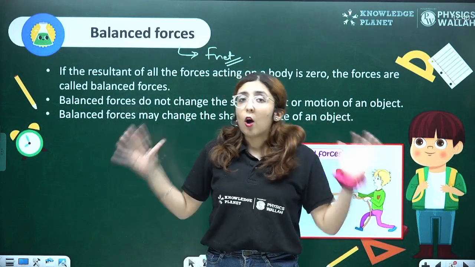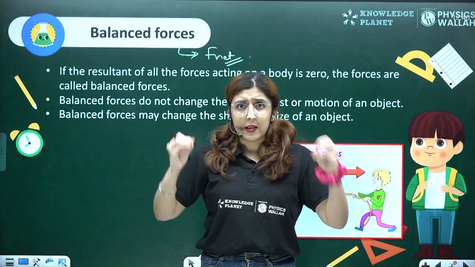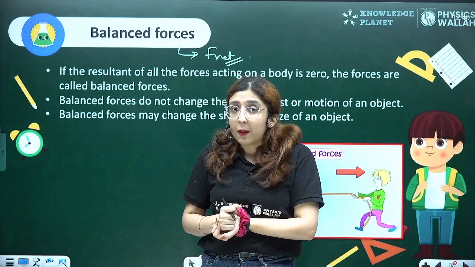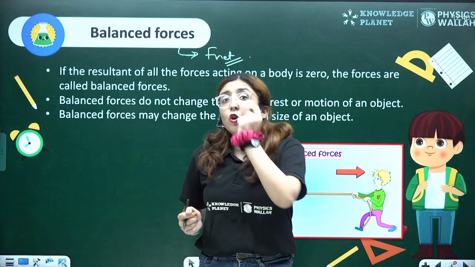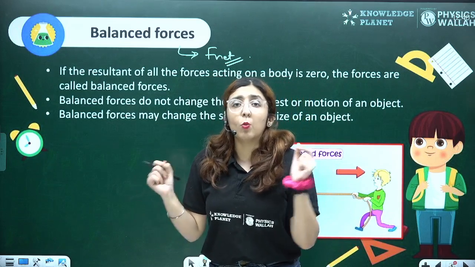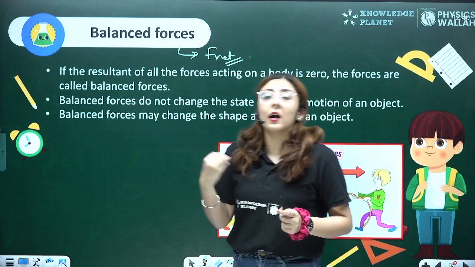Similarly, on our objects, ample forces act, and lots and lots of forces are taking place. Now, in order to find whether the object will move or not, we have to talk about the net force or resultant force.